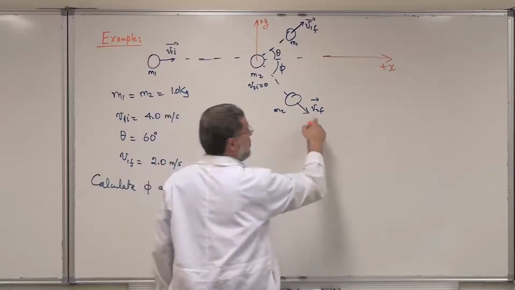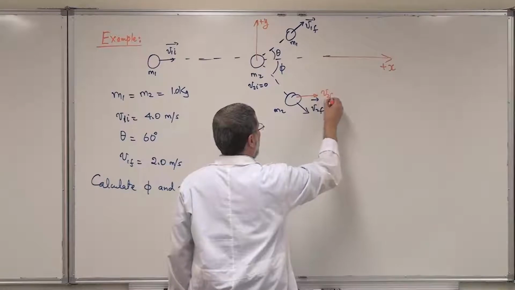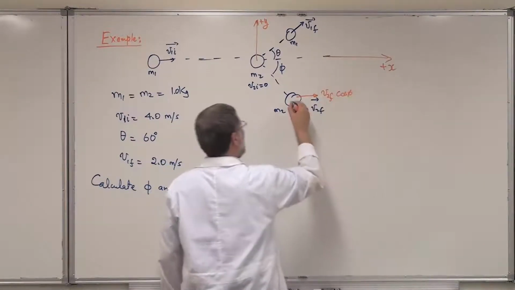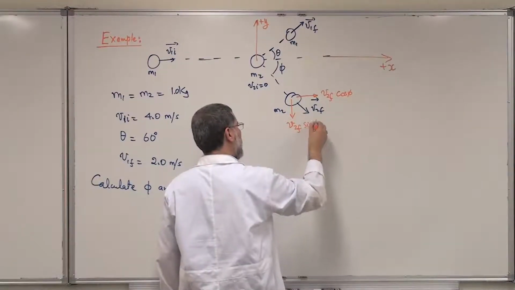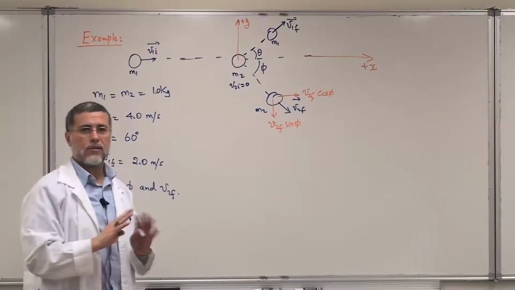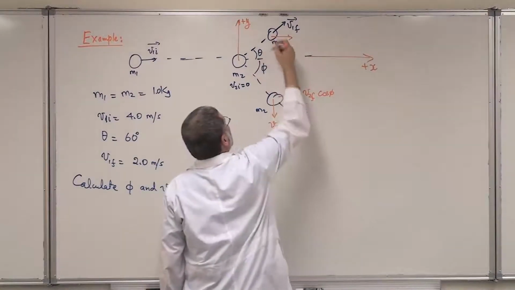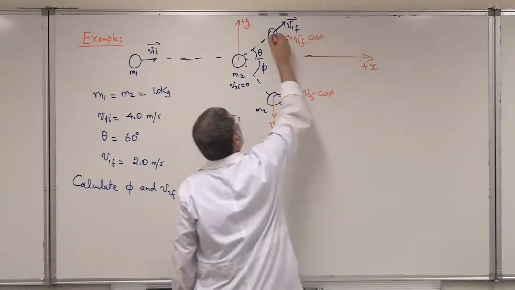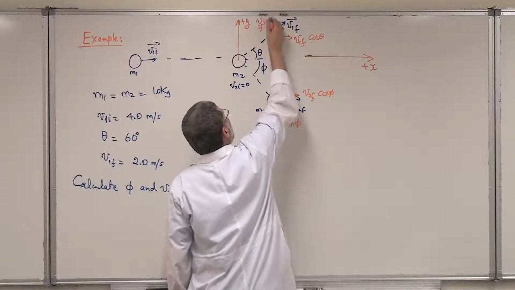The vector v2 final needs components: v2 final cosine phi, and v2 final sine phi. By now you should be able to decompose vectors. Very important. Here, this angle theta, v1 final cosine theta, and v1 final sine theta.